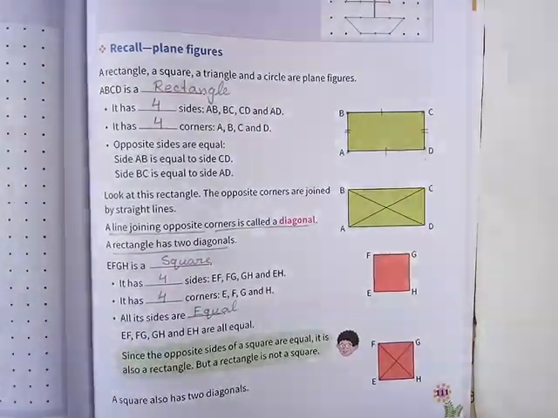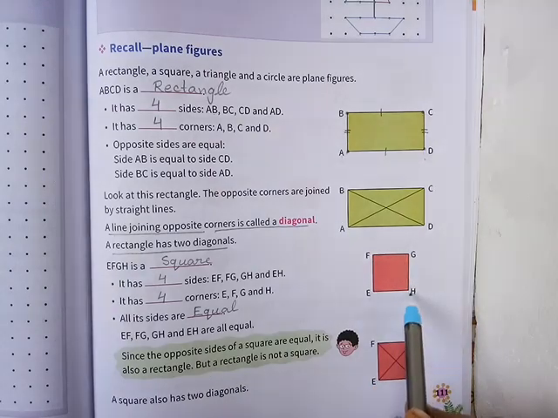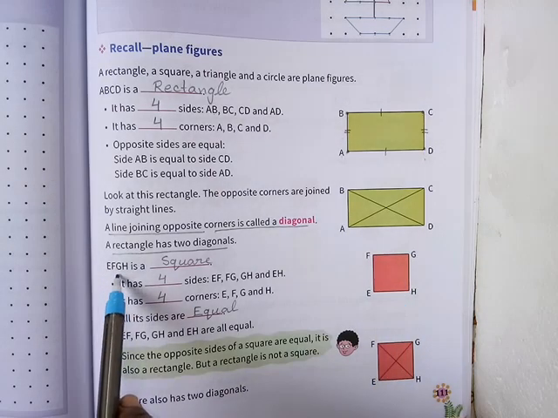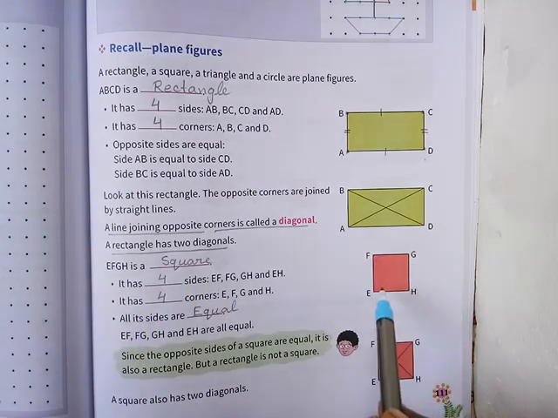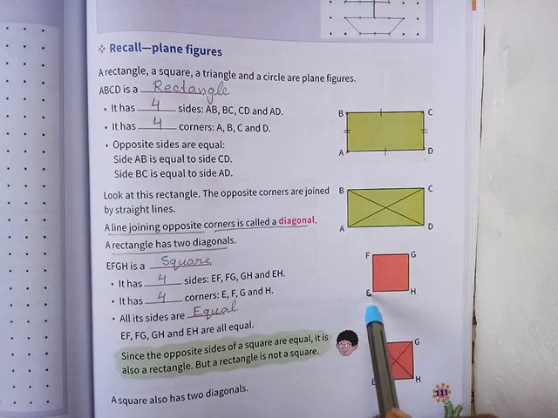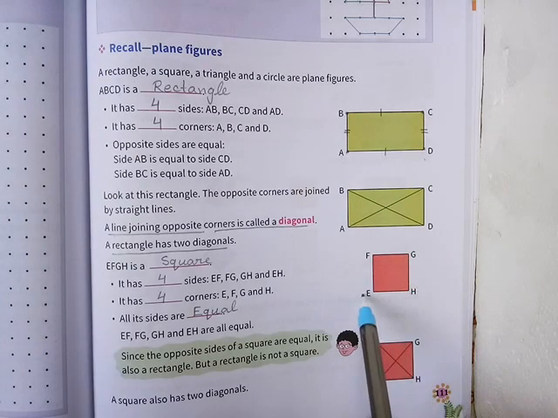Now we will learn square. EFGH is a square. It has 4 sides. What are they? Like the rectangle. What are their names? EF, FG, GH and EH.